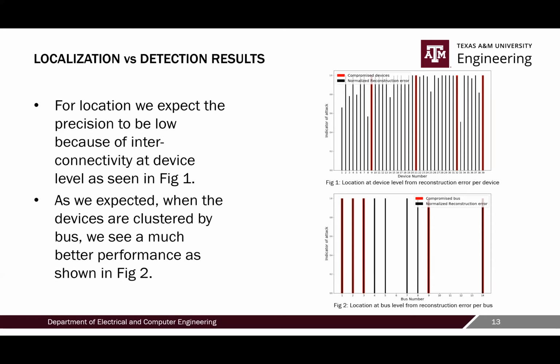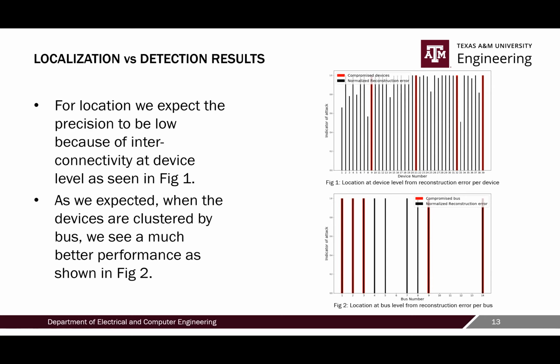So if you just use this approach to do localization per device, it'll look positive at all of the devices around where the actual attacked devices are. You can do a little bit better for localization if you cluster the devices by bus. Figure 2 at the bottom shows the detection results using the localization at the bus level.